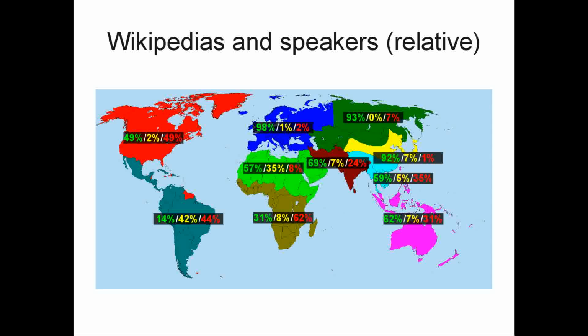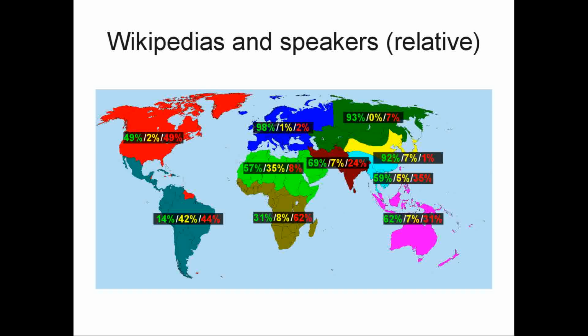Relative numbers of speakers covered by Wikipedias in their native languages are obviously better than relative numbers of languages covered by Wikipedias. However, there are at least two striking facts.